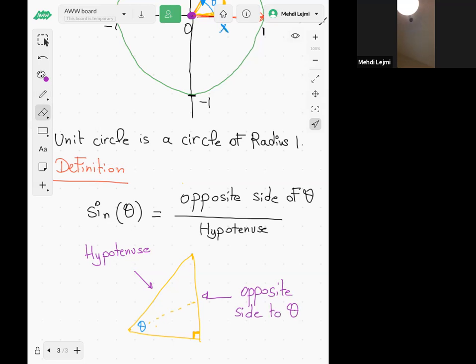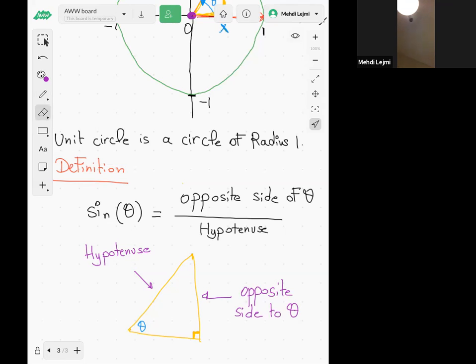So by definition, the sine of an angle theta in a right triangle is the opposite side of theta over the hypotenuse.